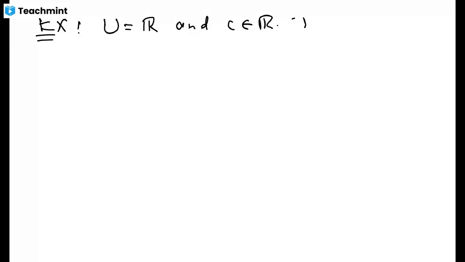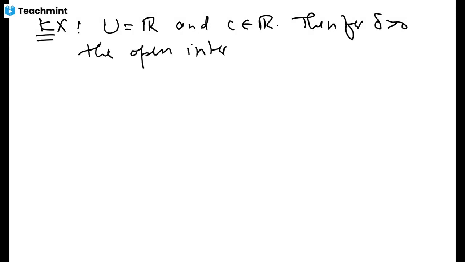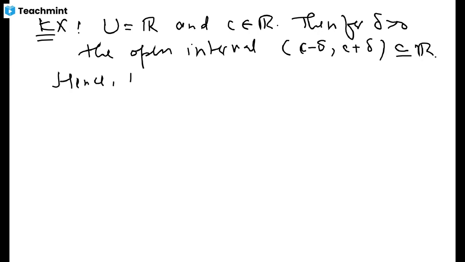Note that whatever delta you choose, the open interval whose endpoints are c minus delta and c plus delta is a subset of real numbers, hence it has to be in R. So this open interval is by definition a delta neighborhood of the point c, and it lies inside R. Hence, by the definition of neighborhood, it follows that R is a neighborhood of c.